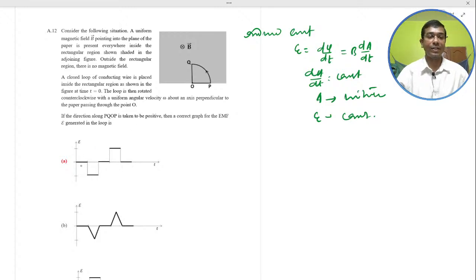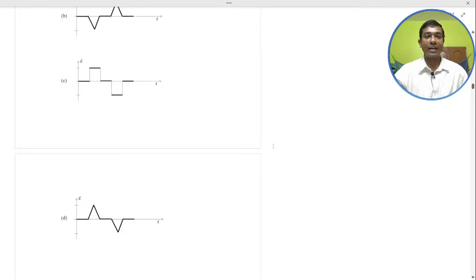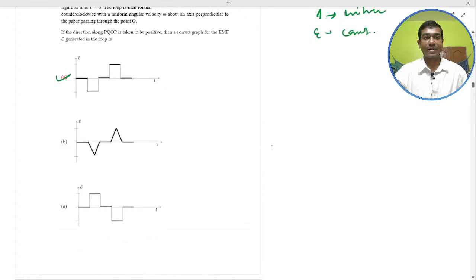That means here this is decrease, increase. This will be the correct one, because Faraday's law and Lenz's law say it will oppose the incident flux.